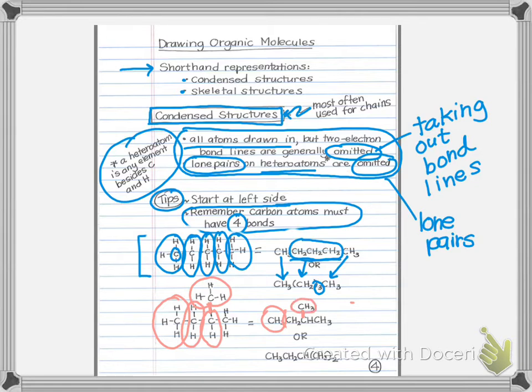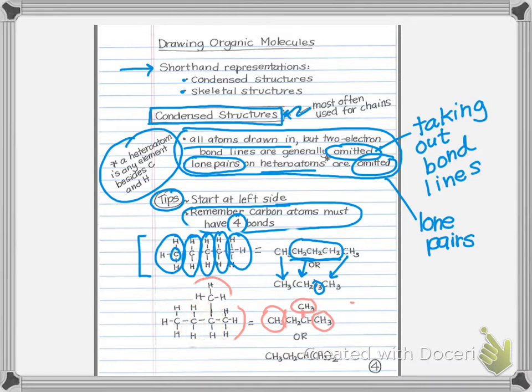So sometimes there's a little bit of mixing when you condense a structure. You may keep some of the bond lines if it makes it look clearer. And then finally this last CH3 would be right here, the last one.